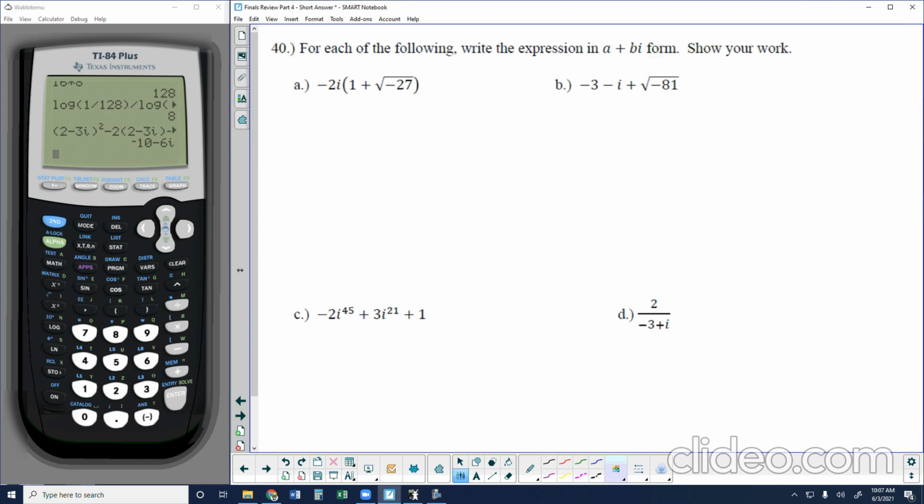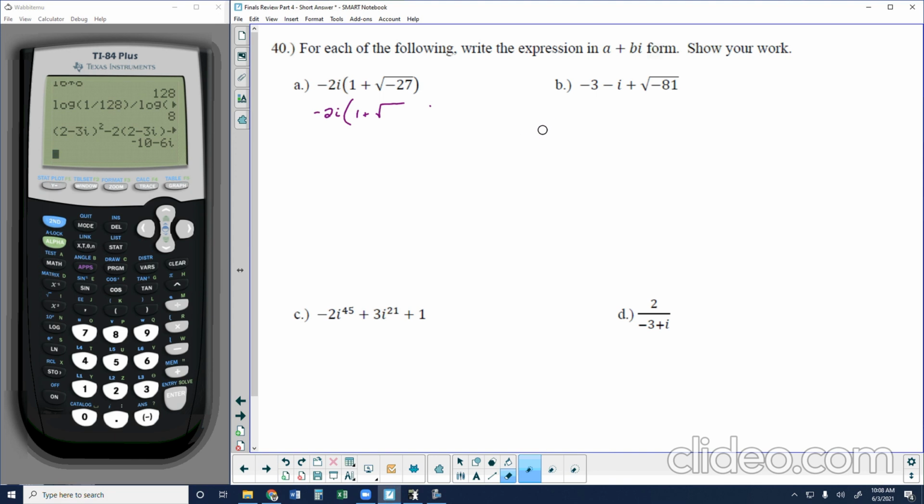So in 40a, what I may notice is that I can simplify inside of this set of parentheses. Remember, when I have a negative inside a square root, I can turn this into a positive by removing i. So i is equal to the square root of negative 1. And so what I've basically done here is, I'll go ahead and write this step.